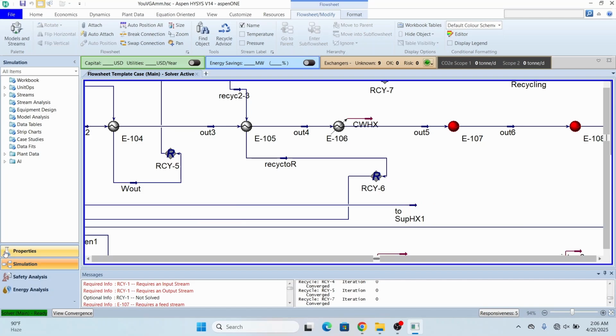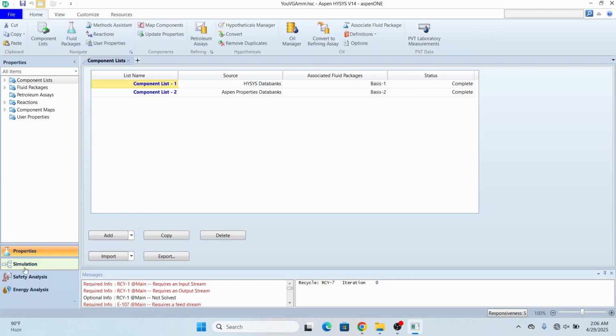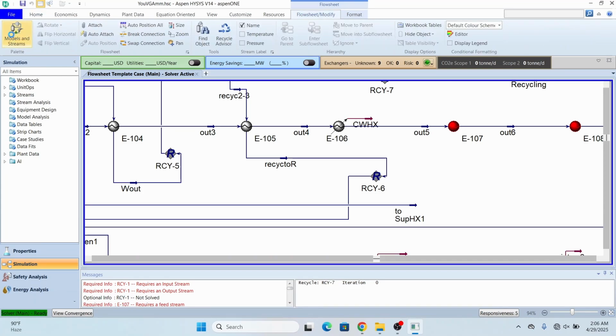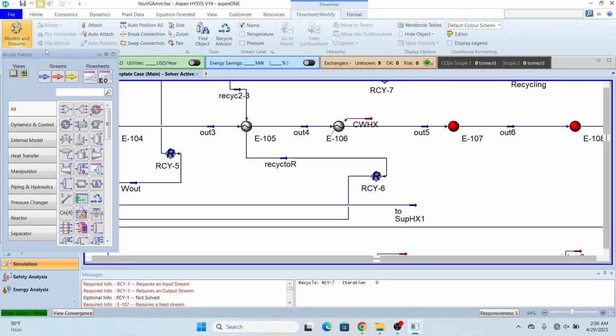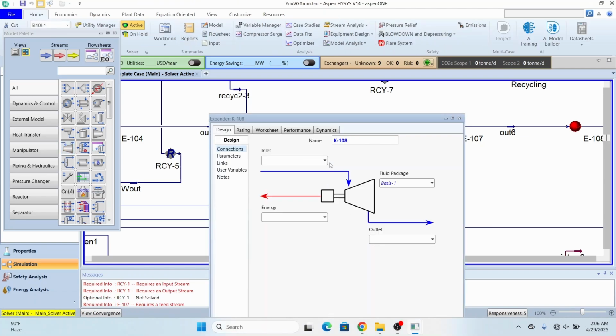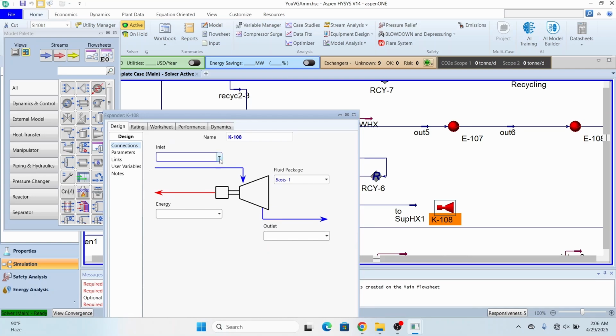So here I will go to, sorry, not the properties. I will again go to my modify sheet here, model streams, model palette. Here I will select an expander. So this is the expander, and its inlet, if I drag it, is from superheater X, and the outlet is turbine out.